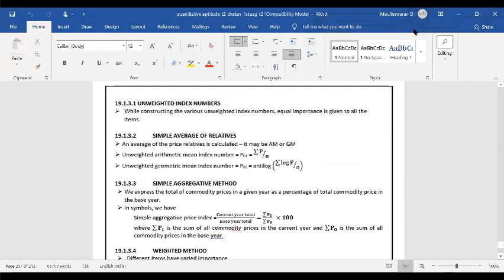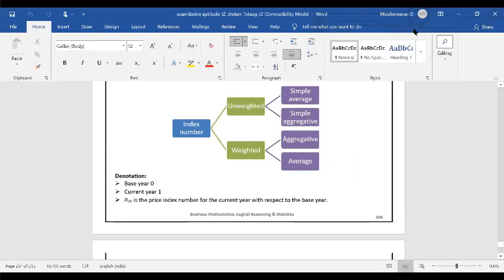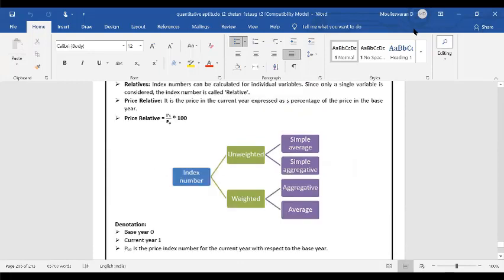So then we had discussed these methods: weighted method, unweighted method, then simple average, simple aggregate, and the relative method. Simple aggregate and simple relative we had solved. Unweighted means simple.